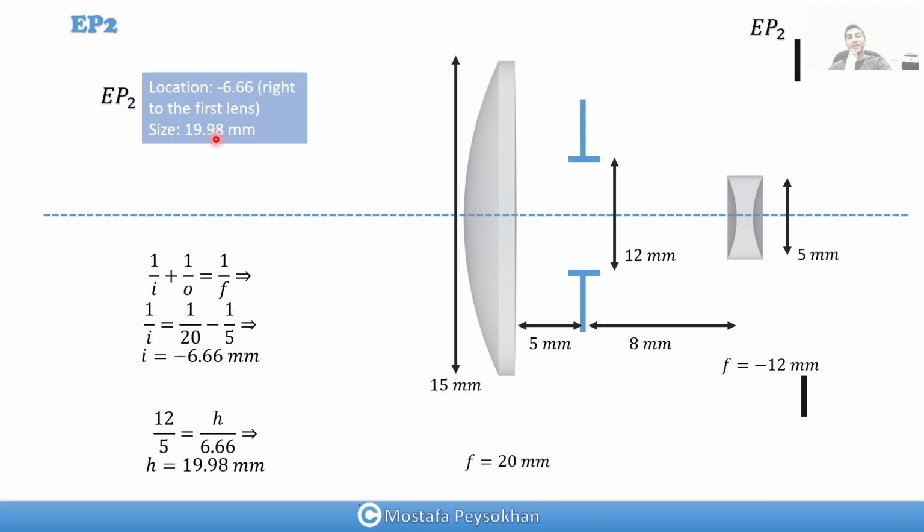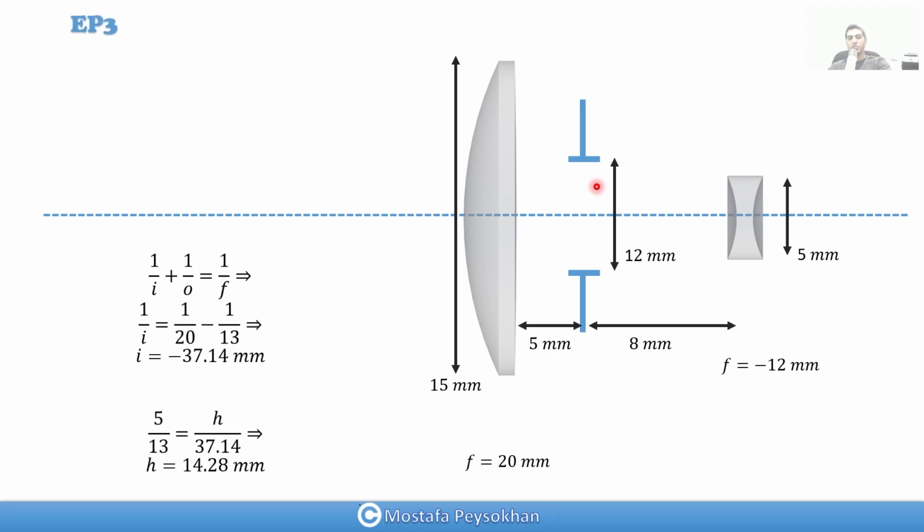Now let's look at entrance pupil 3, which is the same. If we image this lens through this optical system to the left hand side, the distance is 5 plus 8, which is 13, and the focal length is 20, so 1 over 20 minus 1 over 13 is negative 3.714.